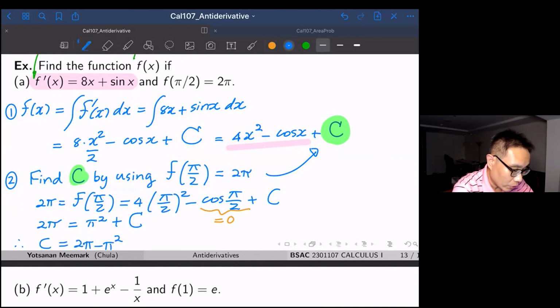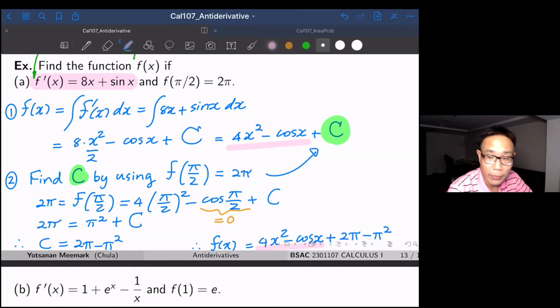So the third step, you're going to answer. Let's answer first. So you get f of x equal to, let me copy the pink part down, 4x squared minus cos x, plus 2 pi minus pi squared.